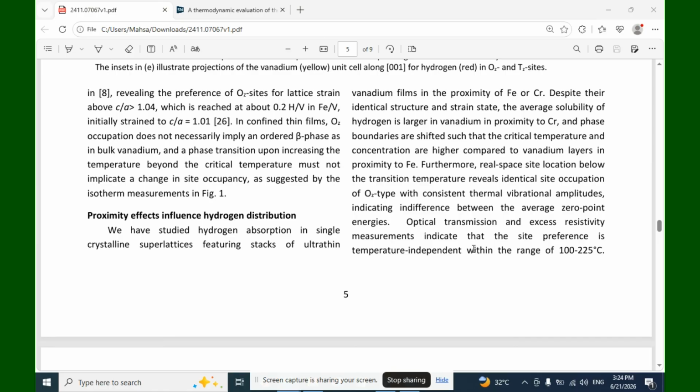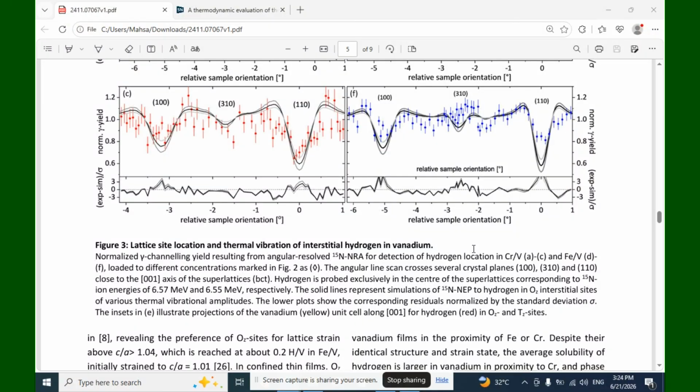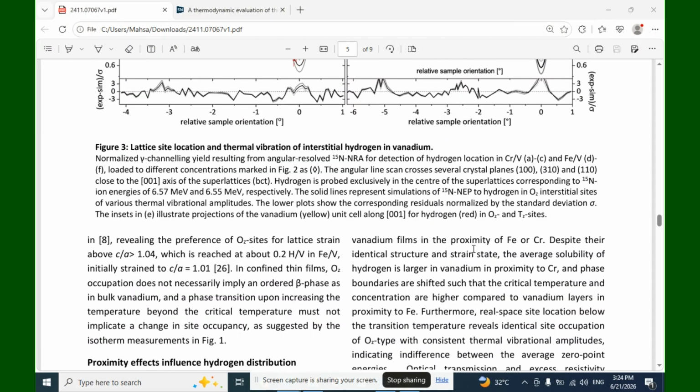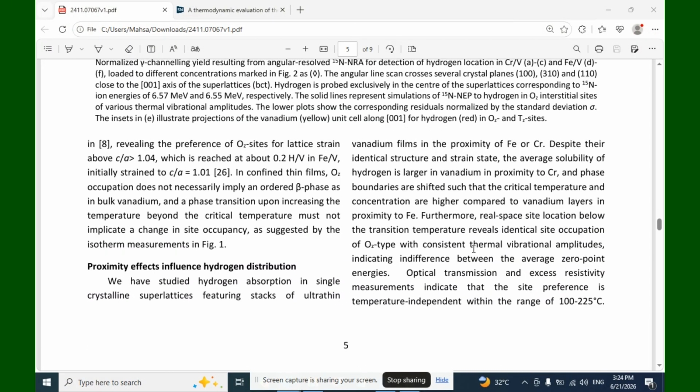Now I want to go through how proximity effects influence hydrogen distribution. We have studied hydrogen absorption in single crystal superlattices featuring stacks of ultra-thin vanadium films in the proximity of Fe or Cr.